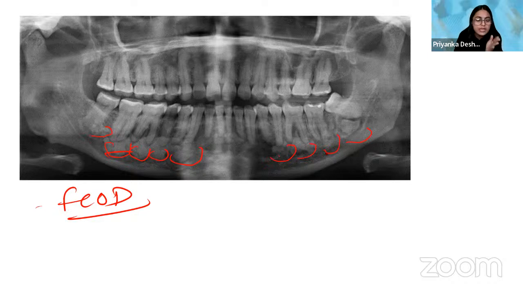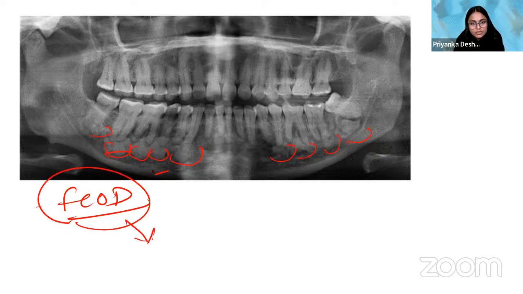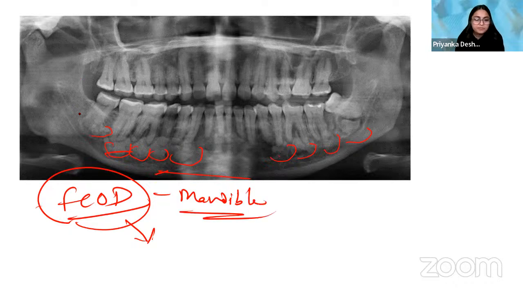It starts with the radiolucent stage, then comes to mixed, and then to completely radiopaque. It can involve more than two quadrants, and mostly affects the mandible. This is the difference between FCOD and Paget's disease.